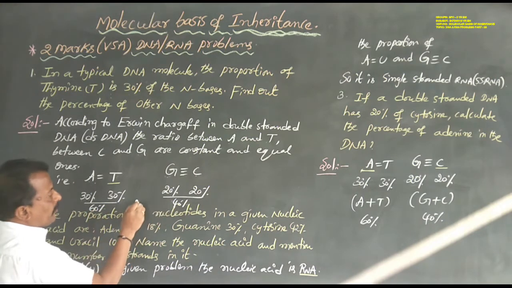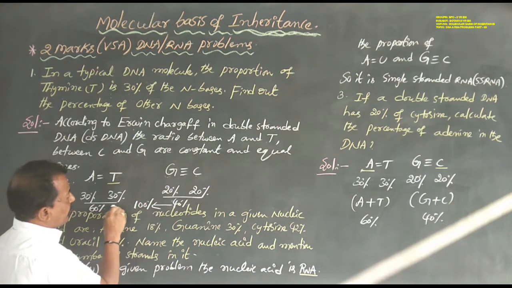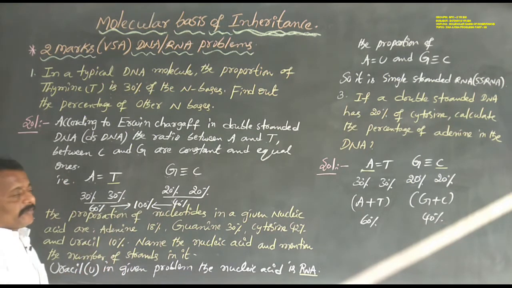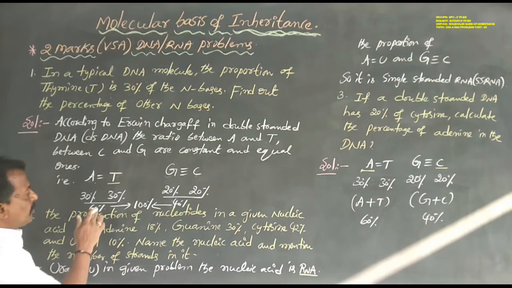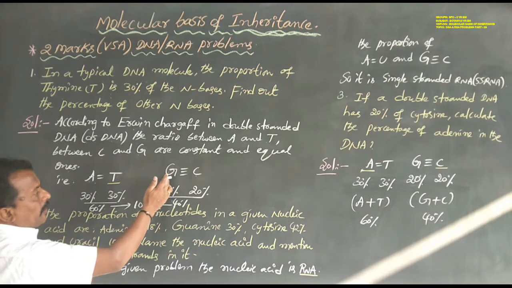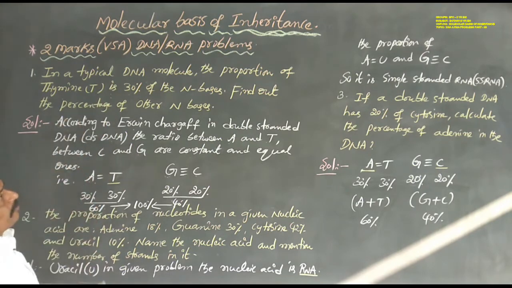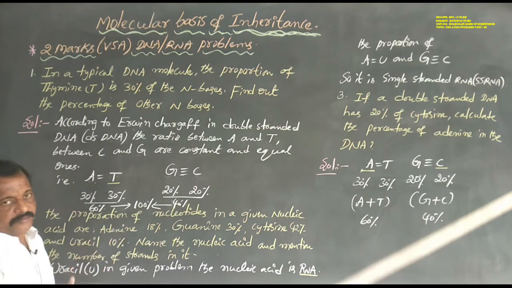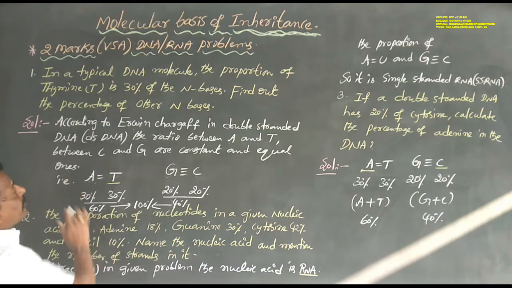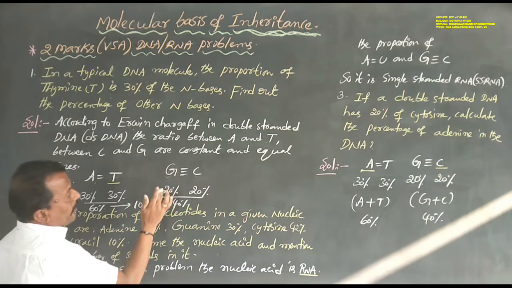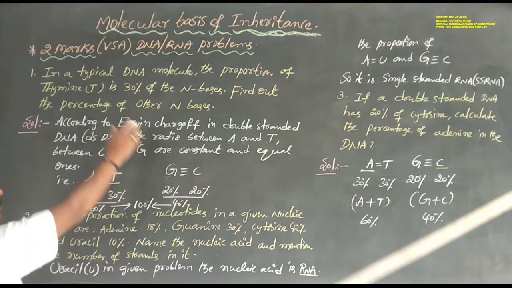So 60% plus 40% makes 100% of the nitrogen bases, distributed into adenine, thymine, guanine and cytosine. Adenine and thymine have 60%, and guanine and cytosine have 40%. Hence, with thymine 30%, the other nitrogen bases are adenine 30%, guanine 20%, cytosine 20%. This is the first problem.